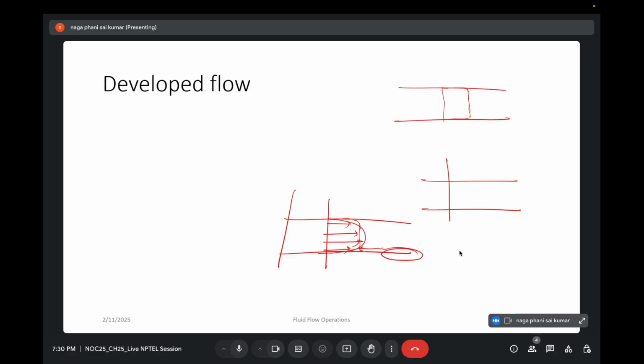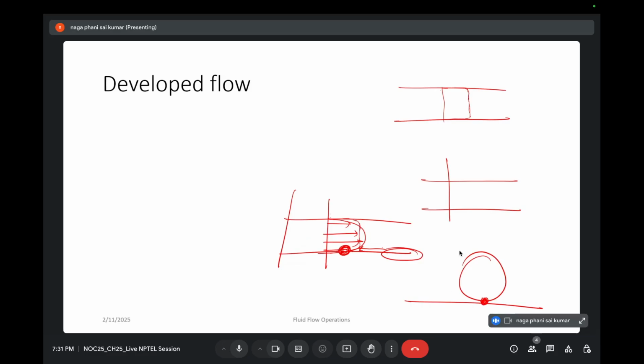This will try to push it back, but the fluid will be trying to move in the forward direction. But as it does not have enough velocity or pressure forces, the relative velocity at this junction will be zero. We learned this, right. At the point of contact, relative velocity will be zero.